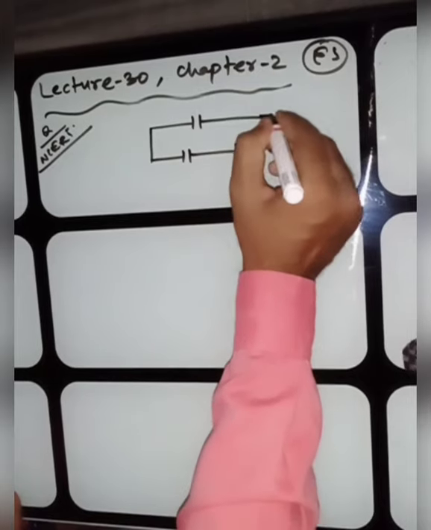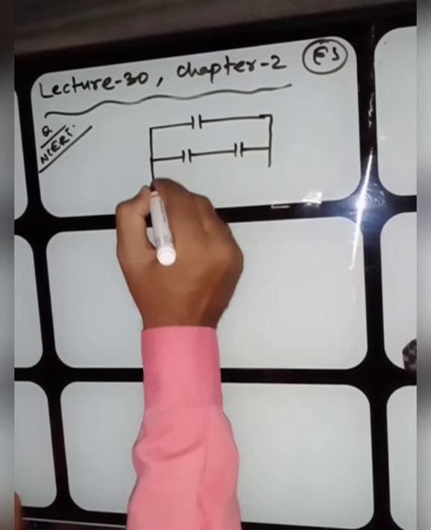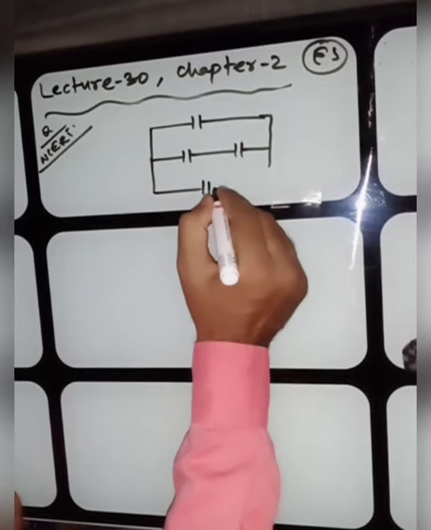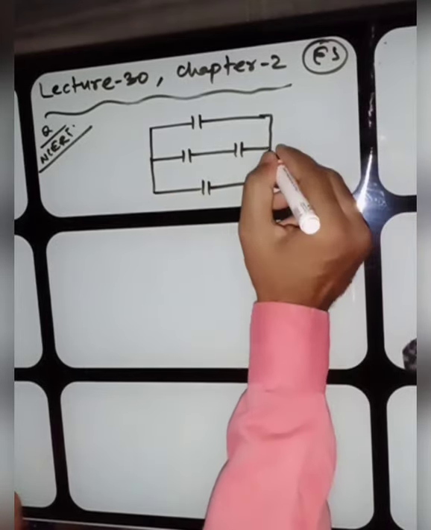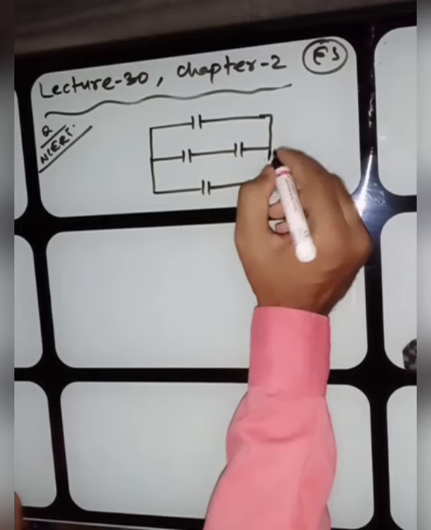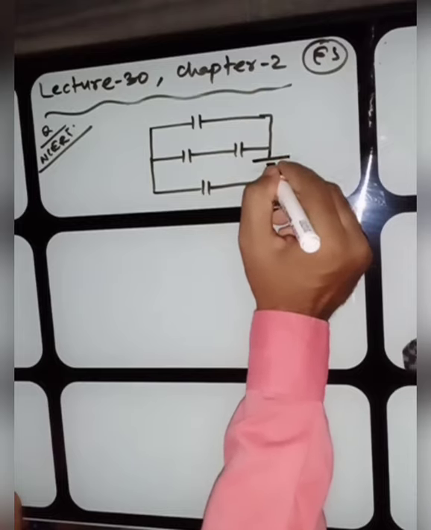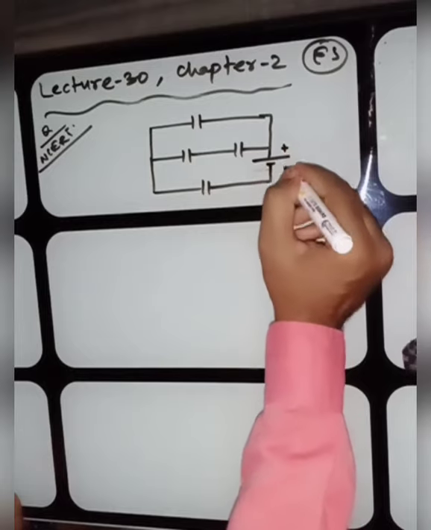There are a number of ways you can solve this question. A few methods are very easy. And here the battery is given, with the positive terminal and negative terminal.